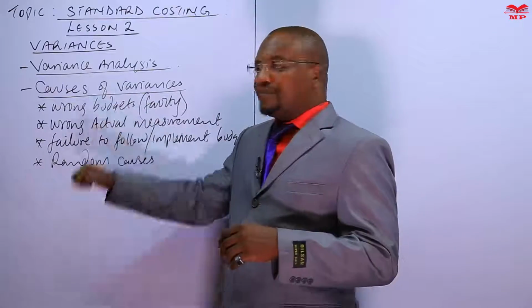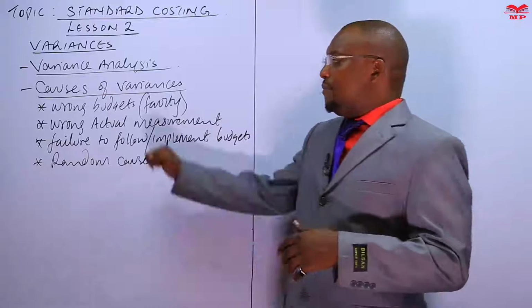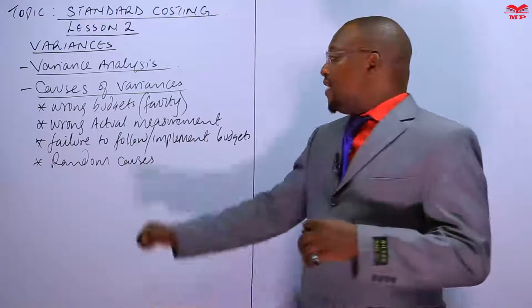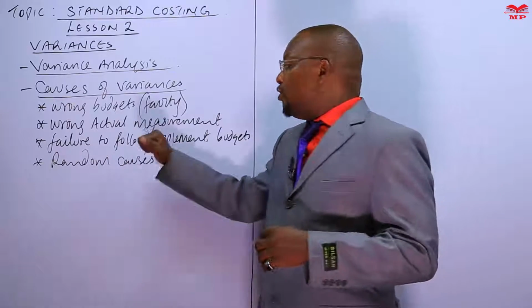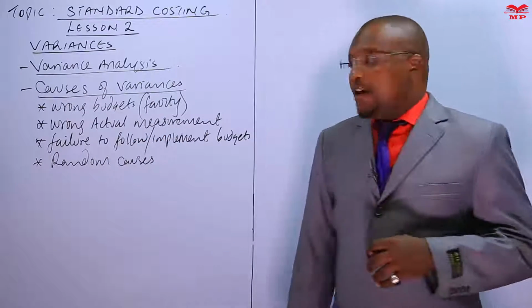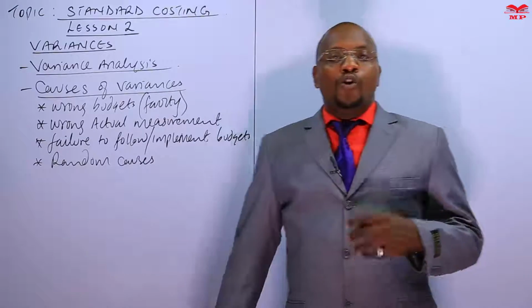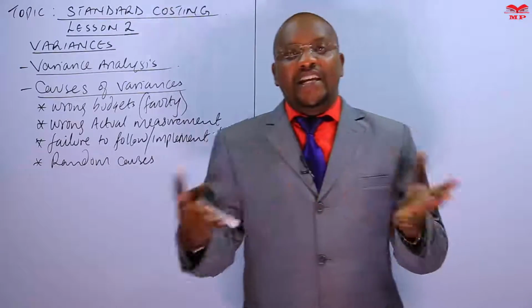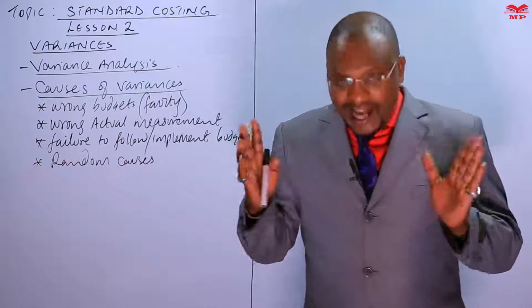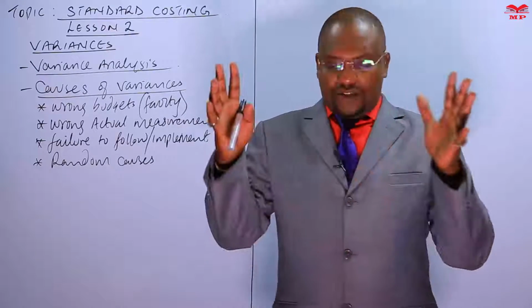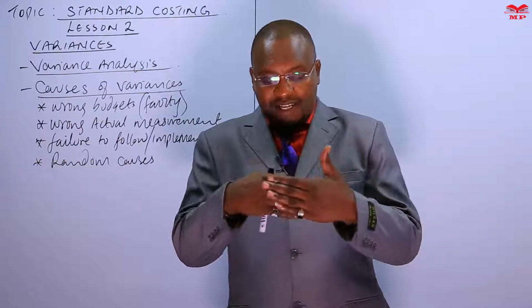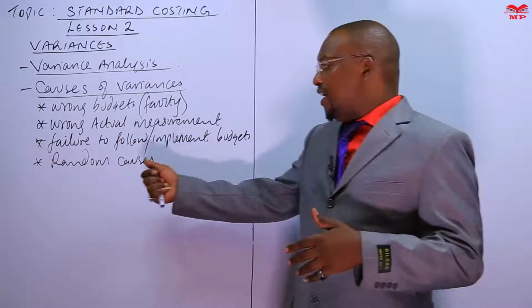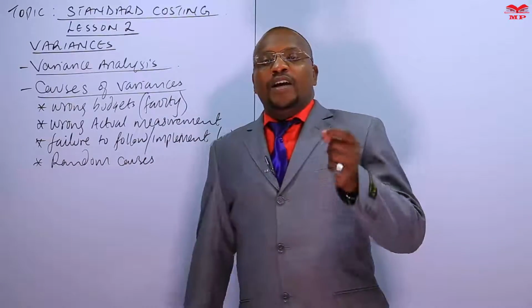Whether you have the correct budget, the correct actual measurement or performance, everything is followed to the letter, you still may have some causes or some variances creeping in. That you do everything as per the prescription, everything is okay, but still you find there is that kind of variance. So that one, we say it is a random cause.